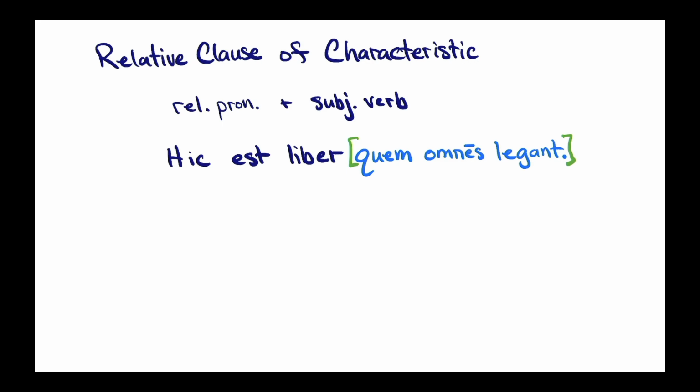Or, if we want to really dig into this relative clause of characteristic and bring out the real meaning here, we might translate it as, this is the kind of book that all would read. Again, this relative clause is describing a characteristic of the antecedent. This is the kind of book that all would read. And therefore, that's why we are using the subjunctive mood.